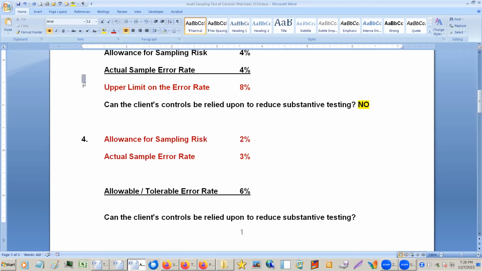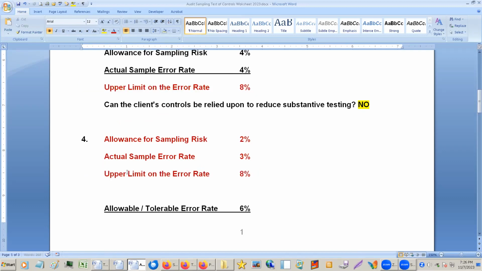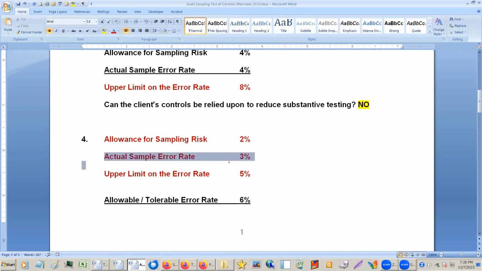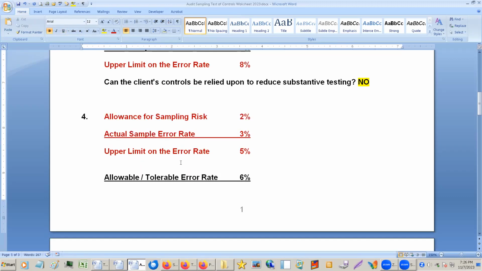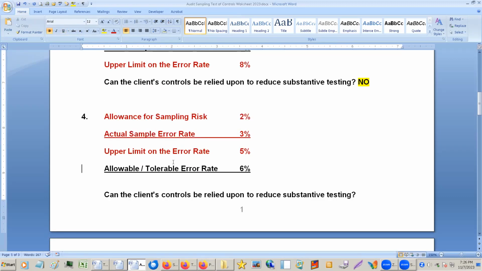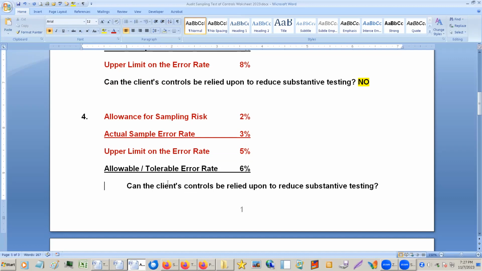So the upper limit would be 8%. Okay, so the upper limit is 5. The tolerable rate is 6. We're fine. This is okay. Can they be relied upon? Yes.